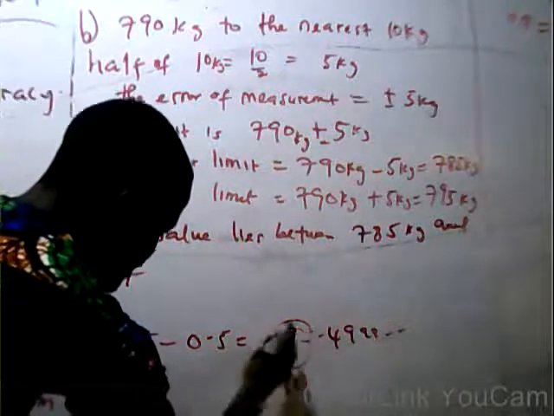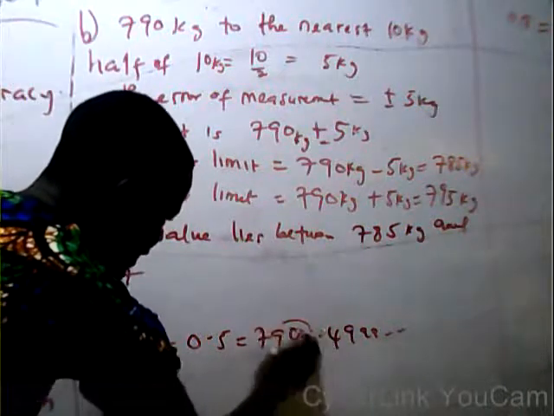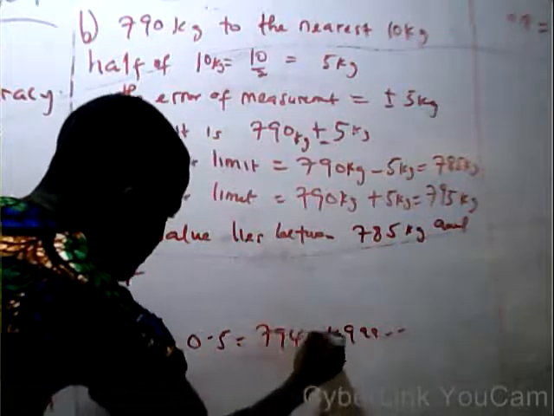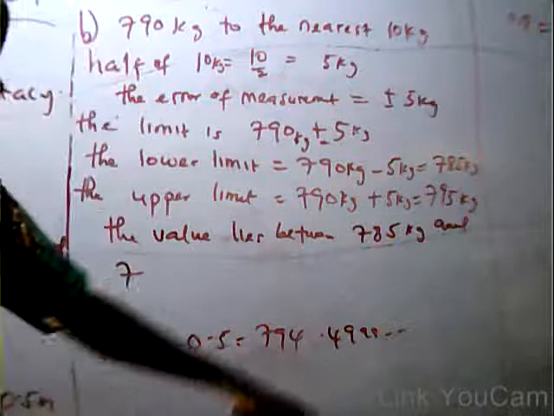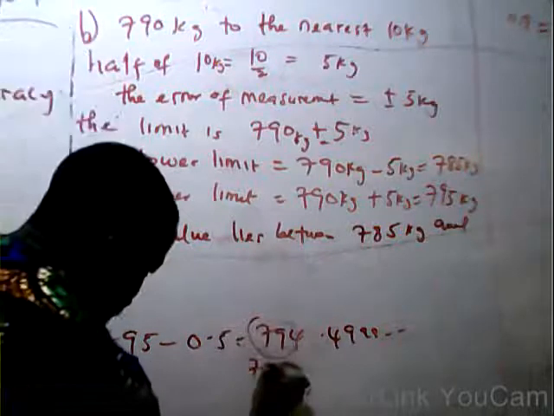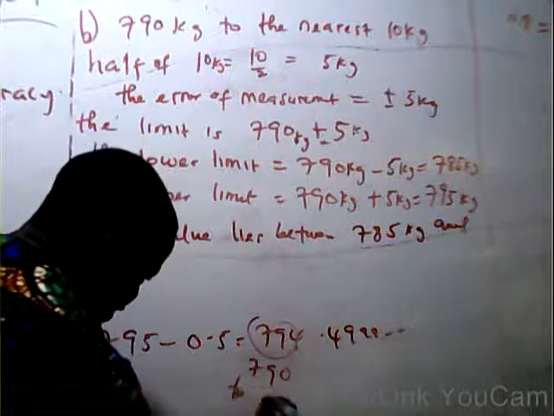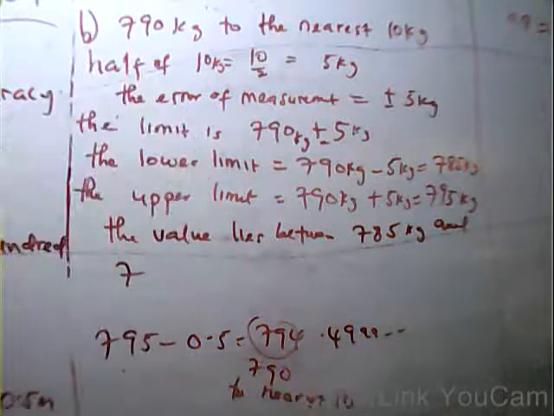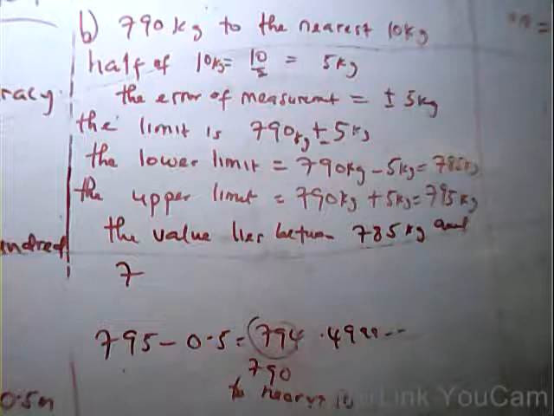So when you have 794 up to this, at the end of the day the value should be 790 to the nearest 10.